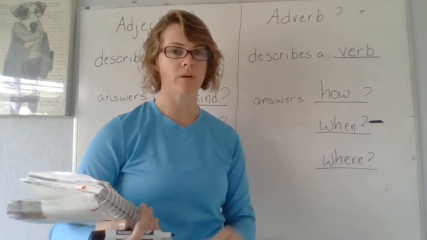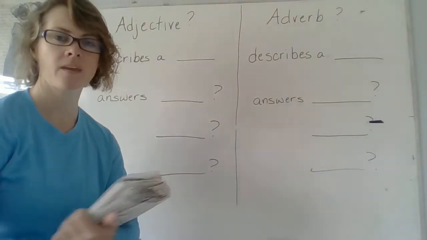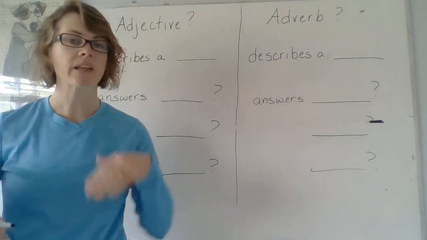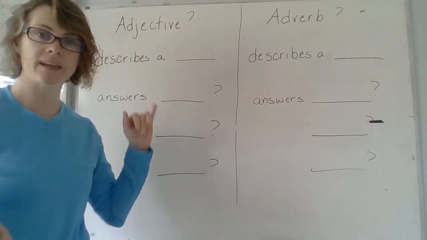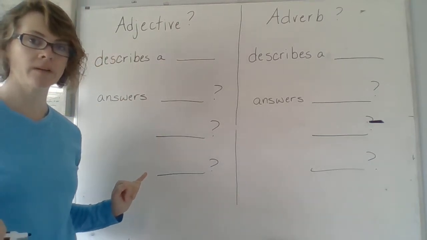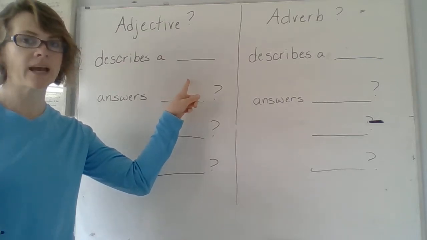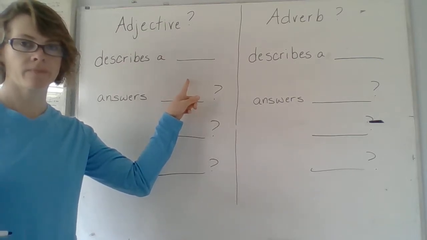Okay, I'm going to erase the board. You grab your whiteboards. All right, without looking back and close your jingles, I'd like for you to write on your whiteboard the answer to this side of the board. An adjective describes a what? Write down this. What does an adjective describe in 4th grade?